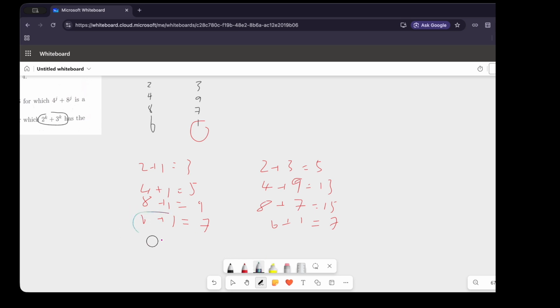Here we can see these two match, these two match.